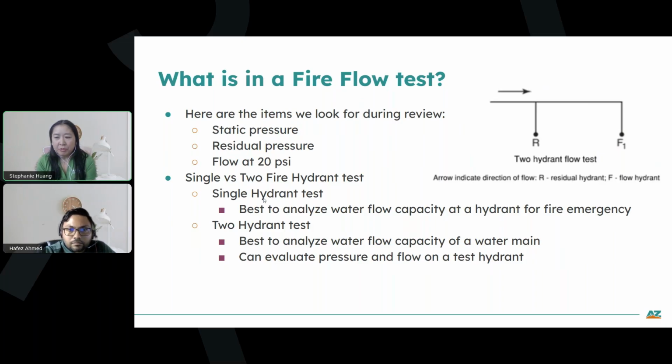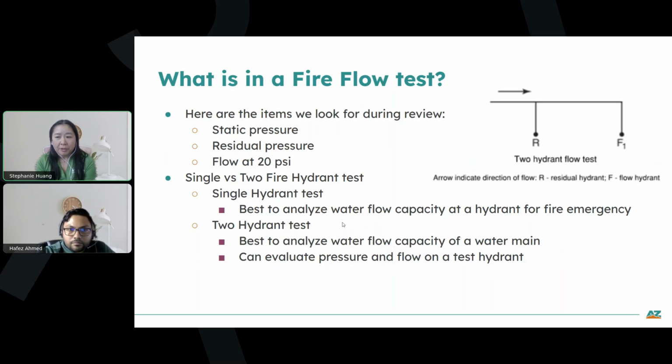There are two different types of fire hydrant tests. Well, actually, there's more than two, but the single hydrant test, which is best to analyze water flow capacity at a hydrant for fire emergency, and a 2-hydrant test, which is best to analyze water flow capacity of a water main and can evaluate pressures and flows on a test hydrant.